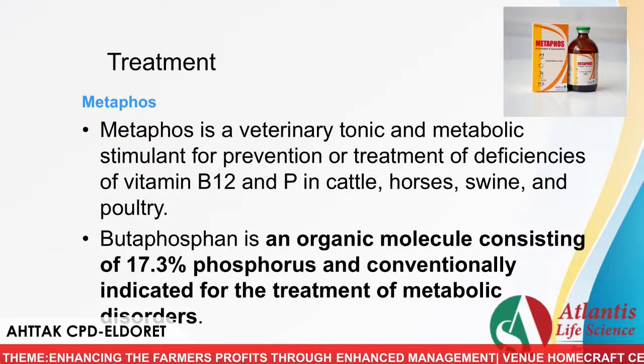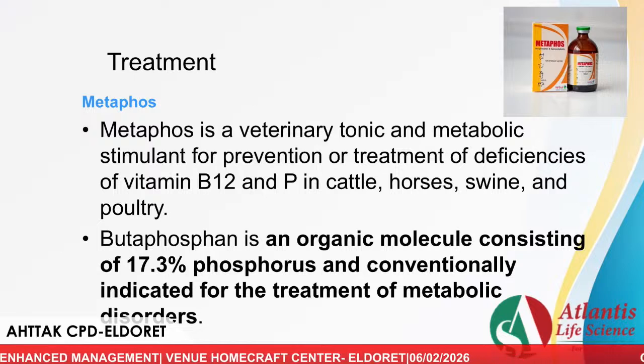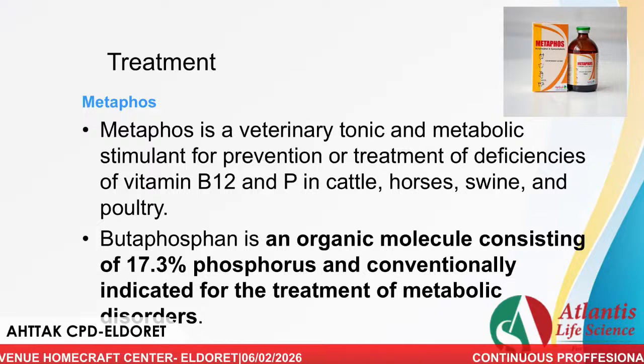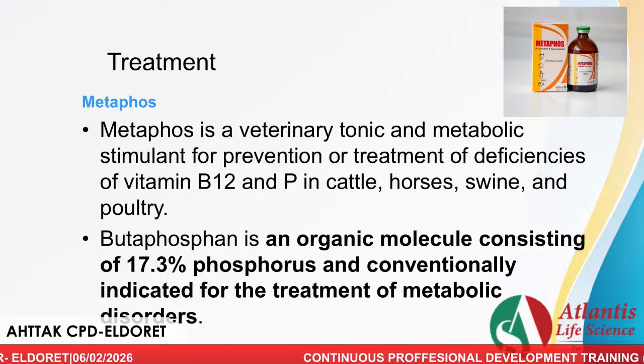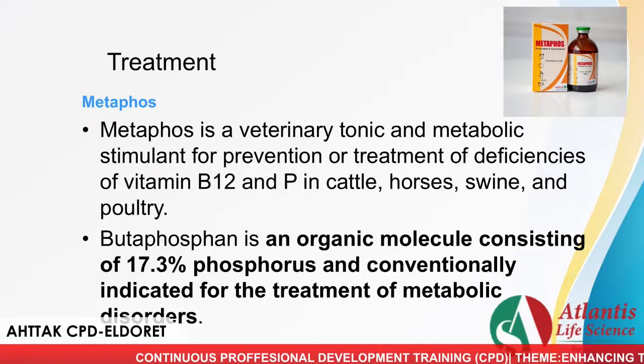And then we have the butaphosphan, which is 17.3% phosphorus. This is a case of laminitis. So a case of laminitis will need a metabolic stimulant, first of all. So ukifika kwa farm, you are treating a case of laminitis, usianze na bench strep.